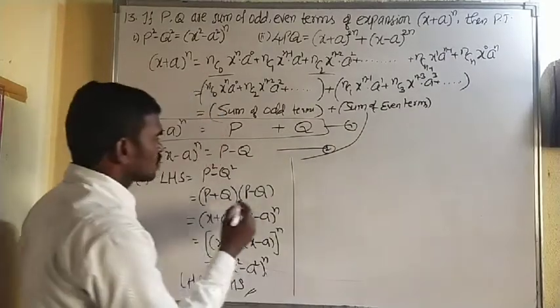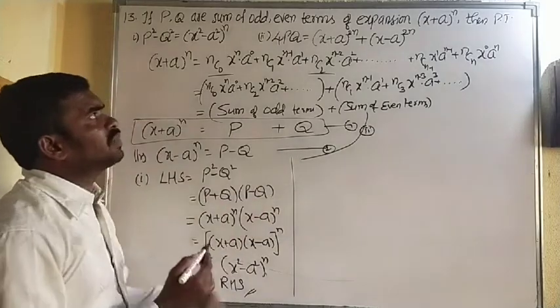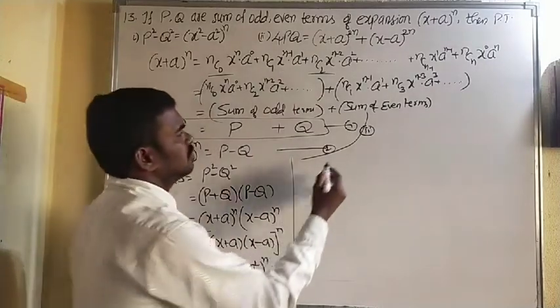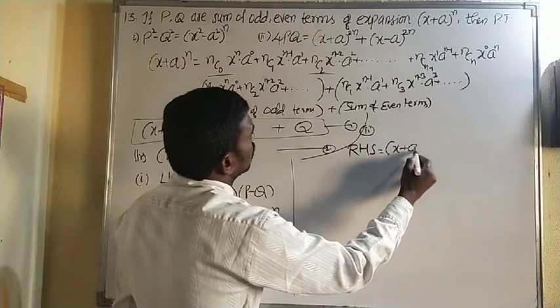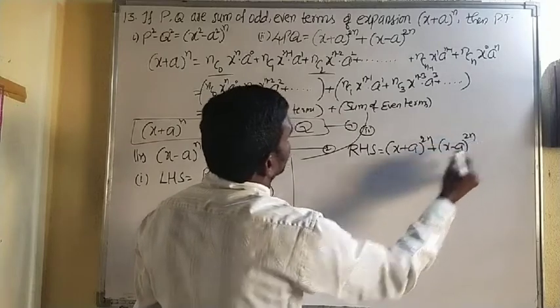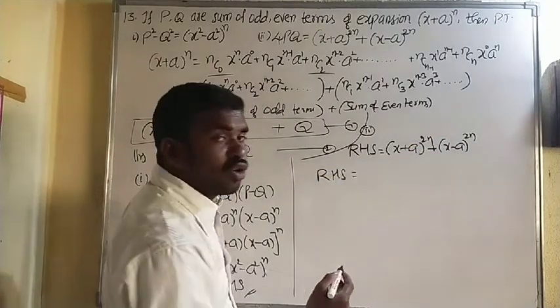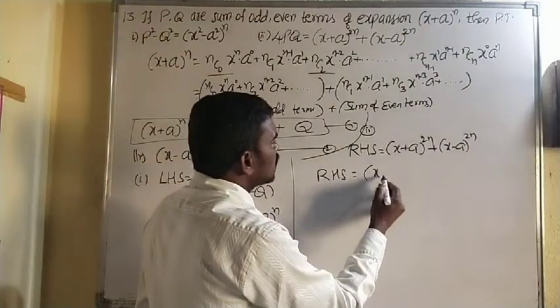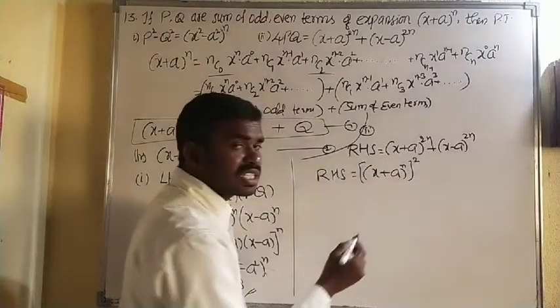Okay. Next, the second one. To prove the second one, I am taking the RHS, right hand term. So what is the right hand term? (x plus a) power 2n plus (x minus a) whole power 2n. So RHS is equal, now (x plus a) whole power 2n I am writing as (x plus a) power n and whole power 2. Can we write like this or not?